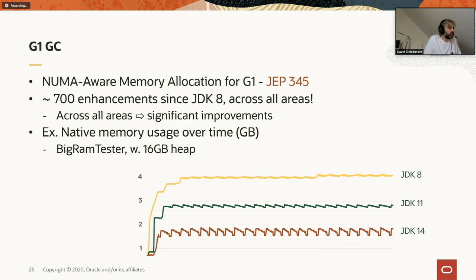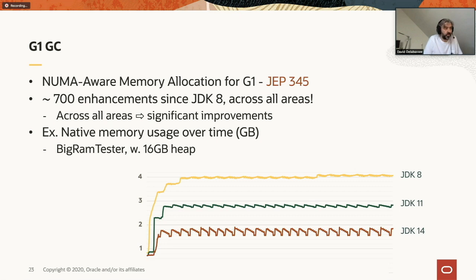And what we can see is that if we look at JDK 8, the extra native memory was around 4 gigabytes. In 11, it was below 3. So JDK 8 needs an additional 4 gigabytes for the GC of that large heap.